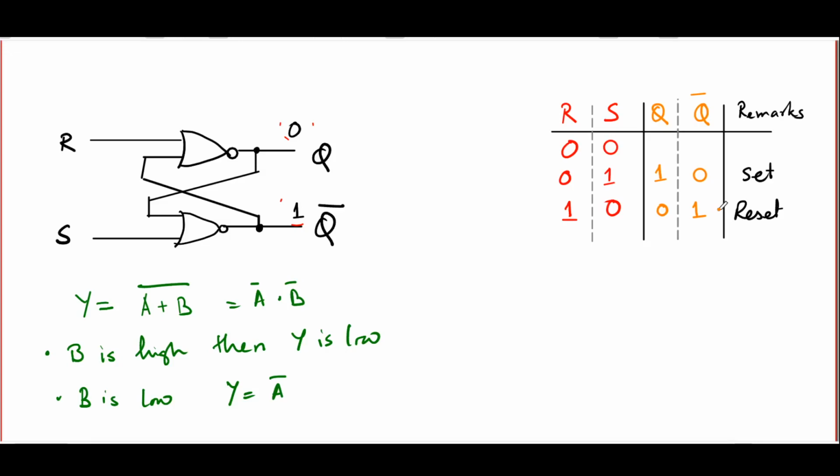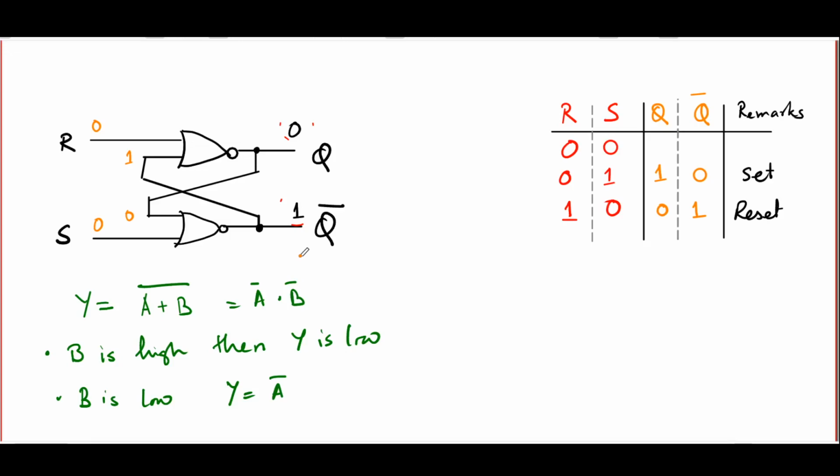But what happens if we go back to 0, 0, the natural state of the inputs, after we have reset the latch? Note that now you have 0 and 0 as the two inputs from R and S, but the other two inputs are one up here from the output Q bar, and this one is 0, which has been fed back from the output Q. And note that if you have 0, 1 as input to the NOR gate, the output has to be 0, and 0, 0 gives you an output of 1, which again means that the 0 and 1 values for Q and Q bar respectively are stable.